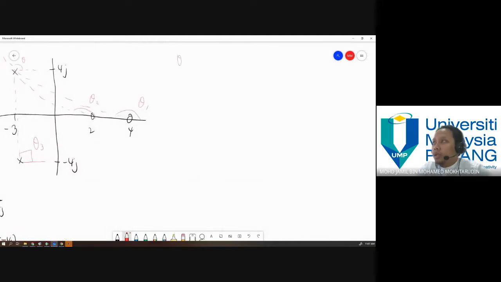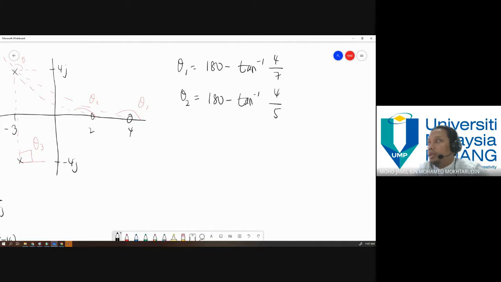So theta 1 equals 180 minus tangent inverse of 4 over 7. Theta 2 equals 180 minus tangent inverse of 4 over 5. Theta 3 is 90 degrees.